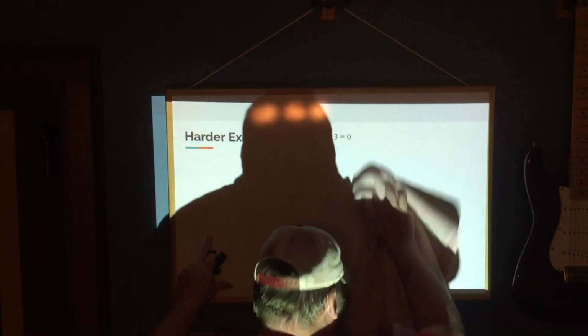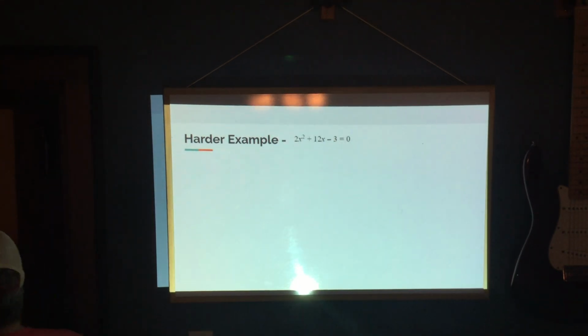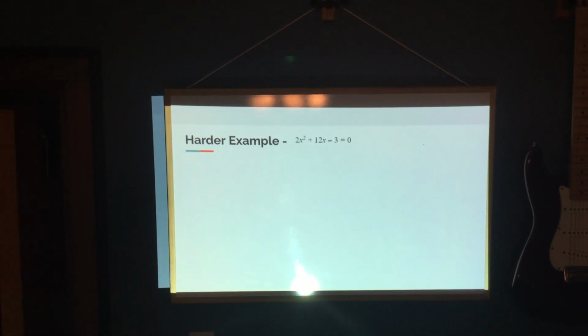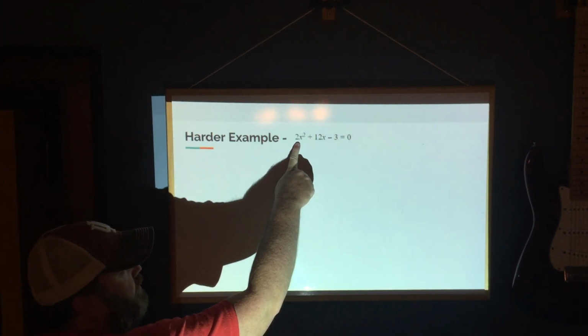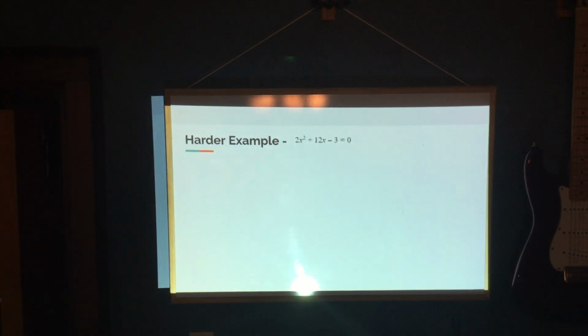So, yesterday I indicated that completing the square could get way more difficult if A was something other than 1, and here I have it as 2. Okay, so this is the more difficult type of problem.